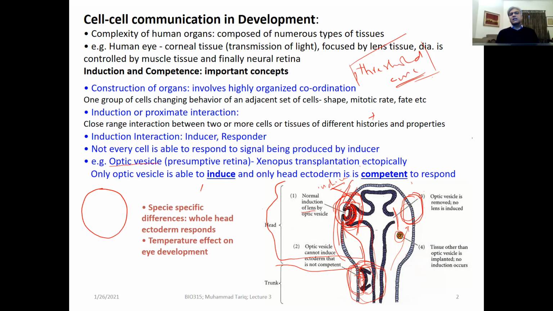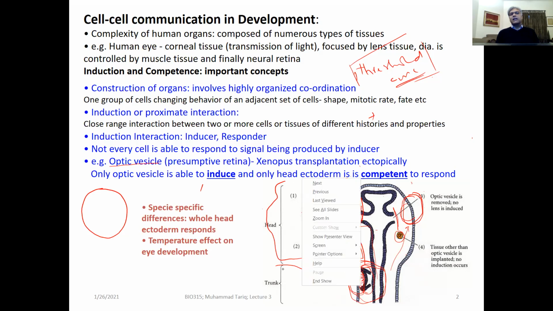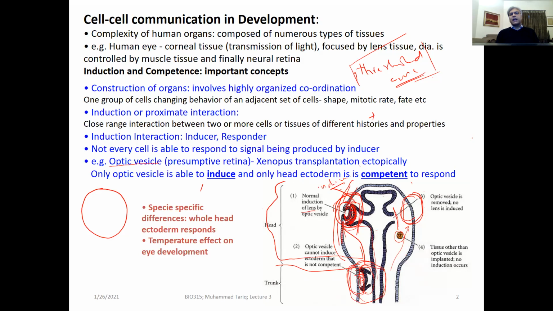However, since this is here in the close vicinity, these signals will immediately, in a big concentration, come here, and we expect that these ectodermal cells should behave this way because they are receiving the same threshold concentration which is causing changes here. Did I answer your question? Yes, sir. Thank you.